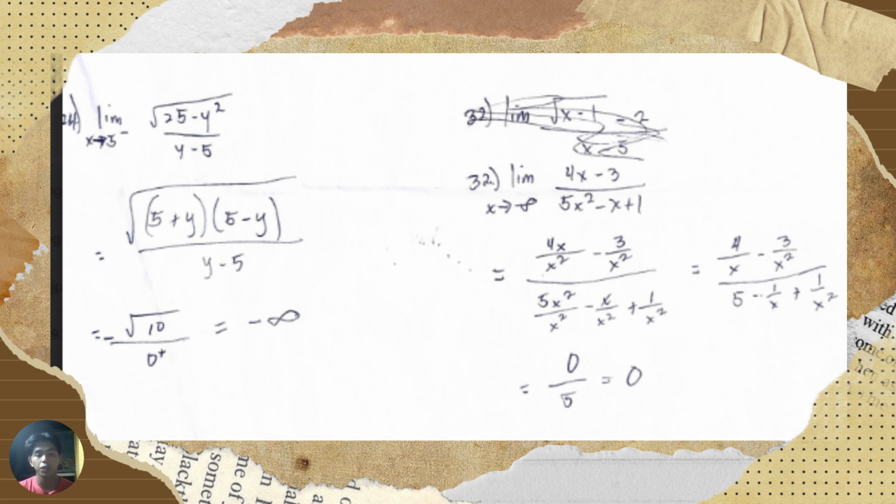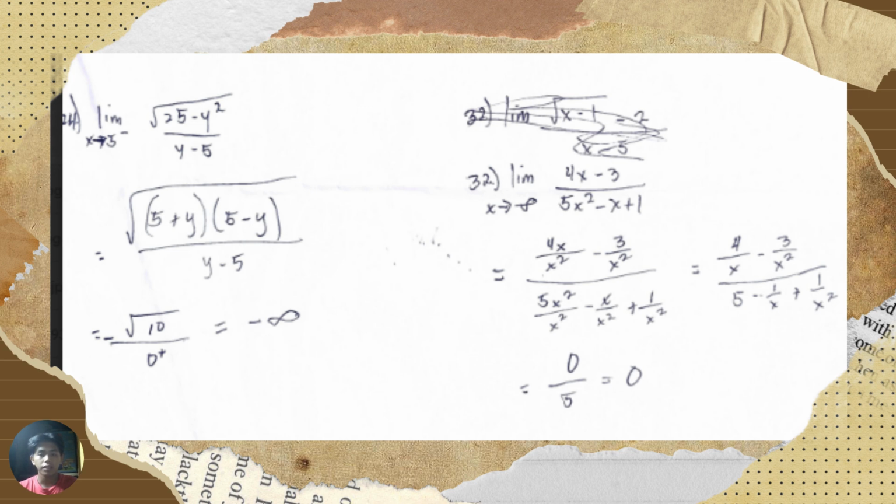So we're going to divide the 4x by x squared, and then minus 3 over x squared, then over 5x squared over x squared, minus x over x squared plus 1 over x squared.